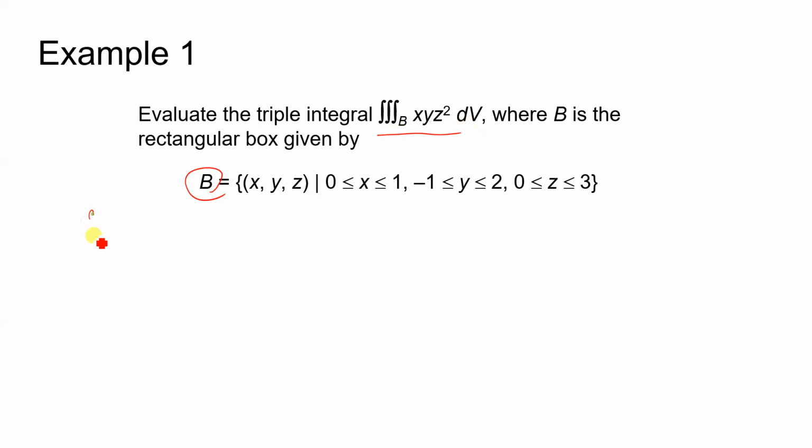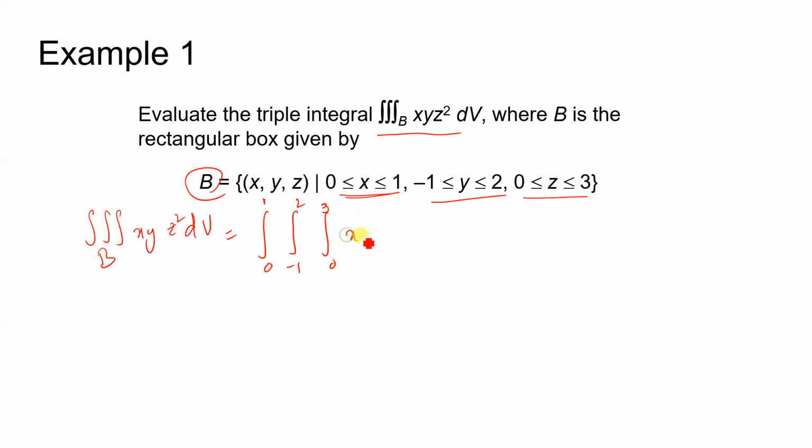Let's first convert this triple integral into an iterated integral, like 0 to 1, since x lies between 0 and 1, negative 1 to 2 because y lies between negative 1 and 2, and 0 to 3 since z lies between 0 and 3, of xyz squared. Since the innermost limit is for z, we write dz, then dy, and this is the outermost dx.